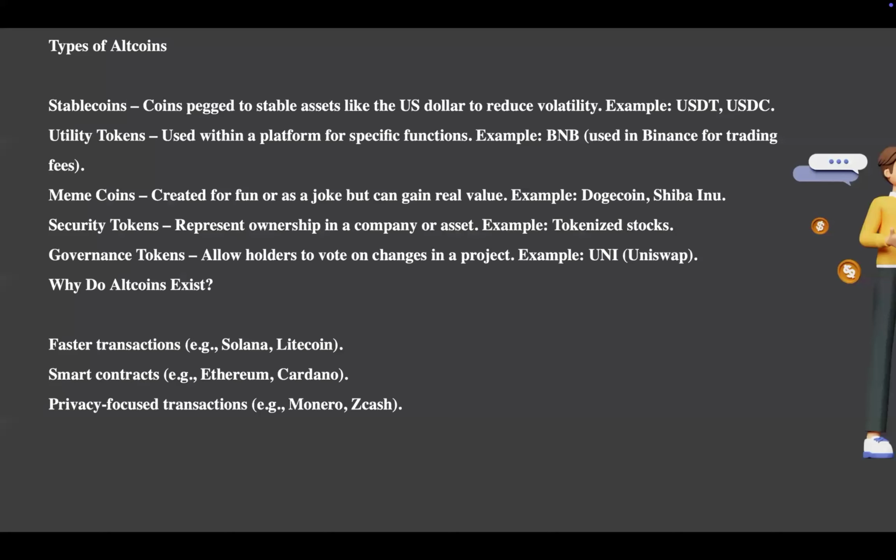So also utility tokens. If you have used platforms like Binance, you'll see BNB. Basically, Binance has this utility token called BNB, where sometimes when you are trading on Binance, they give discounts if you use BNB to make some of these trades.